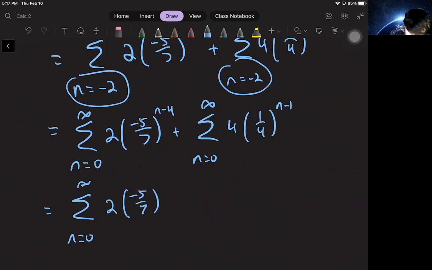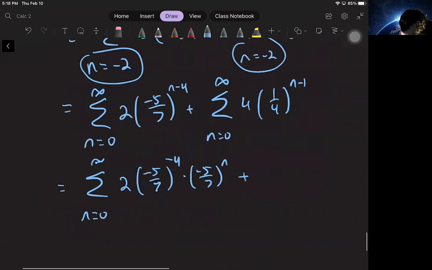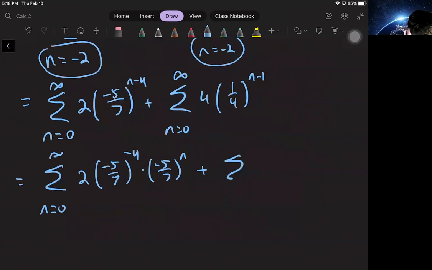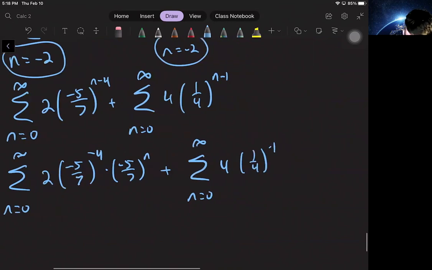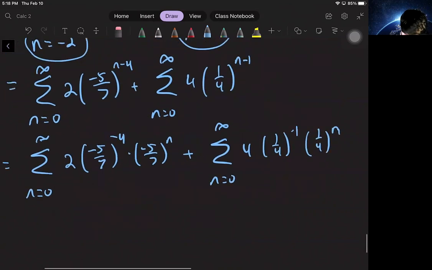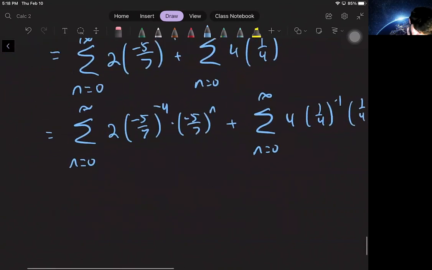This minus 4 just means I have a minus 4 power being multiplied to the nth power of the same base. And over here, I just have a 1/4 to the negative 1 power being multiplied. And now I can just take out all the constants that I don't want. I don't have to simplify this.